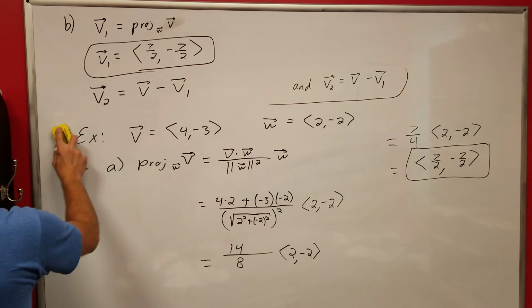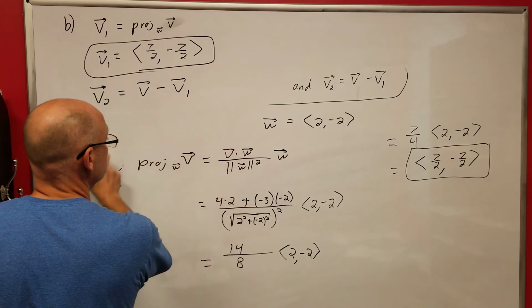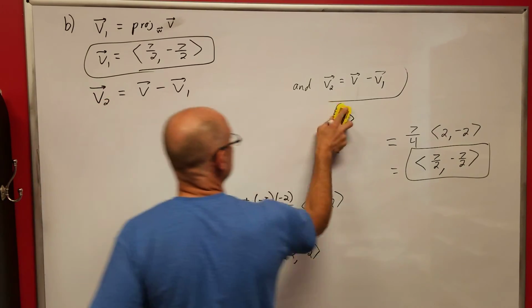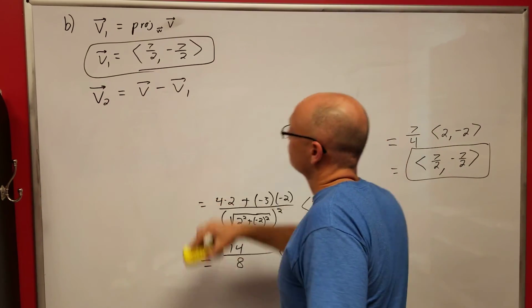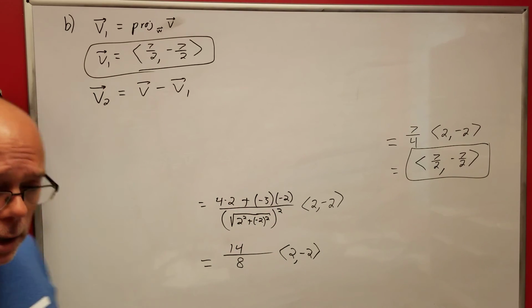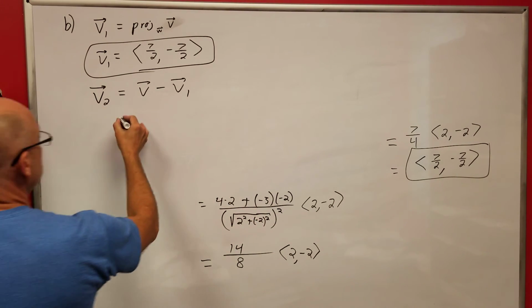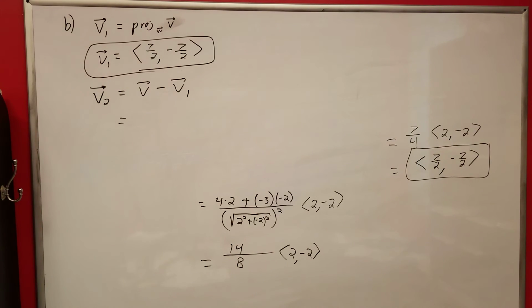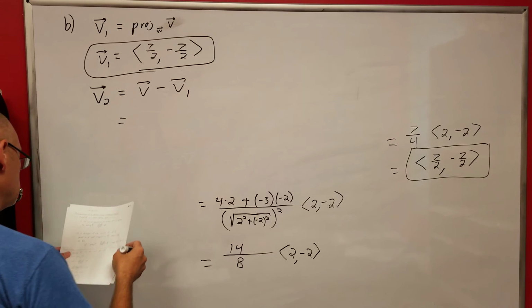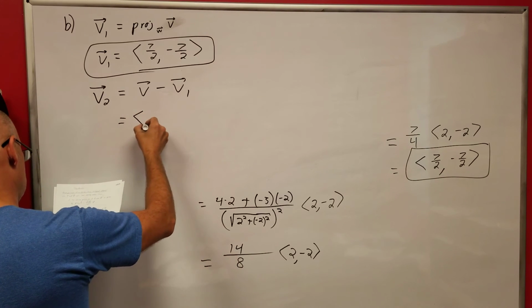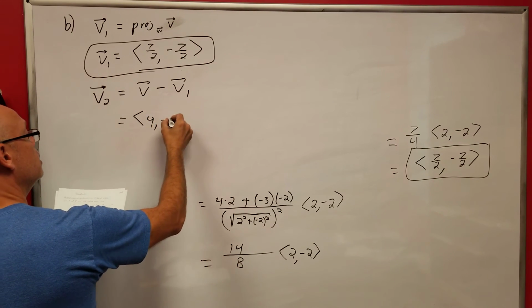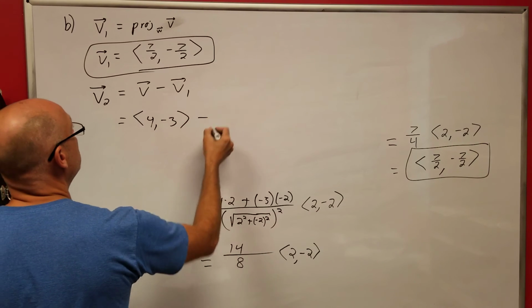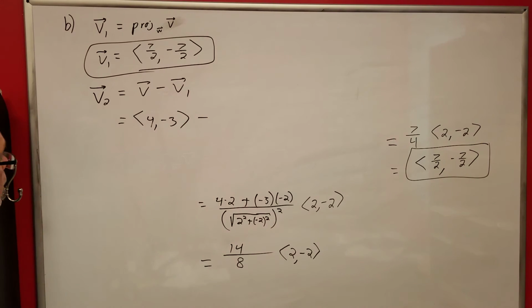Let me get some of this stuff out of the way. In fact, I just erased what I needed. All right, so v2 is v. What was vector v? I have to look back at my notes because I just erased it. Vector v was 4, negative 3, minus vector v1.